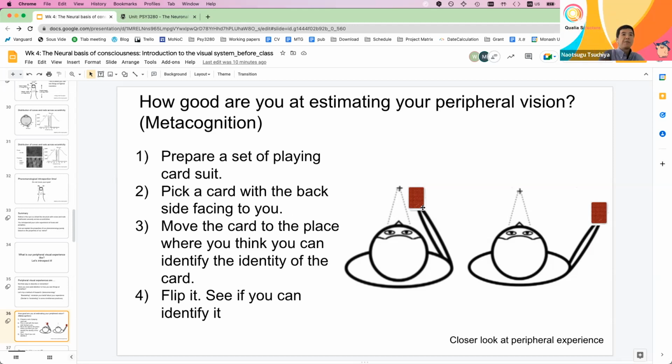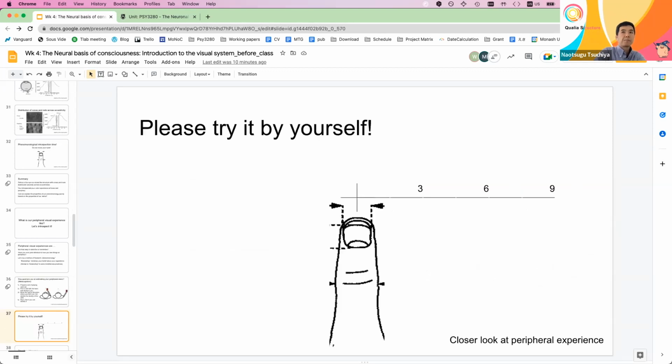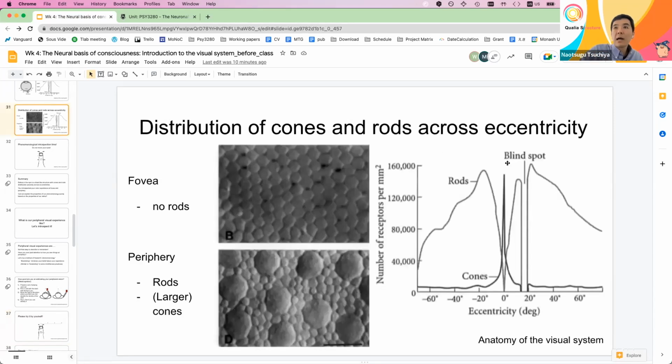And then if I move this to somewhere in the periphery, and my color experience declines this way, then I should lose the color experience of the orange really quickly around here, and so on.